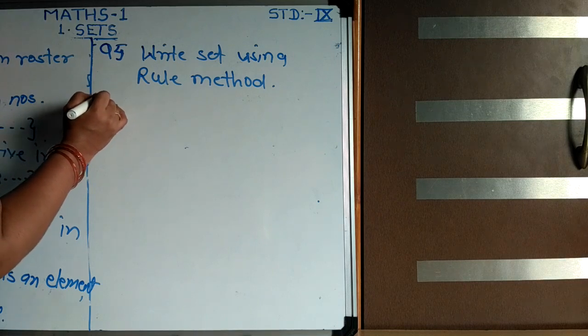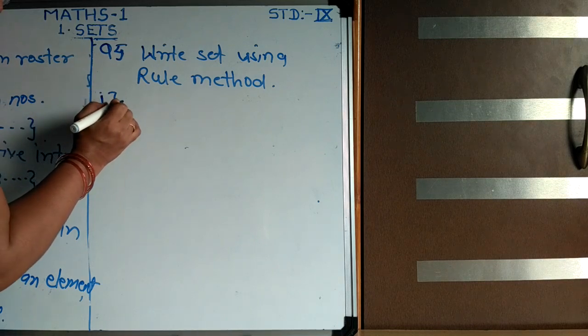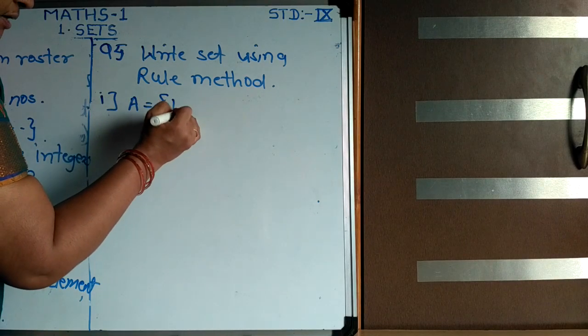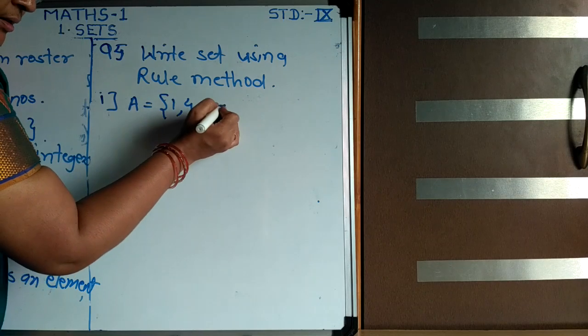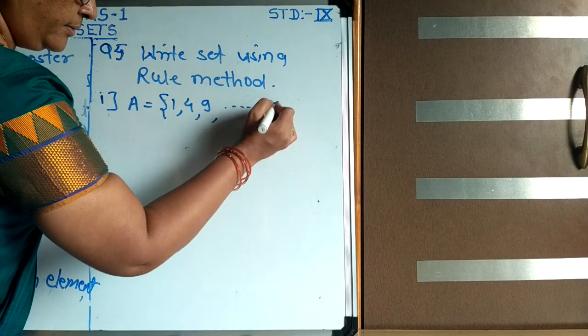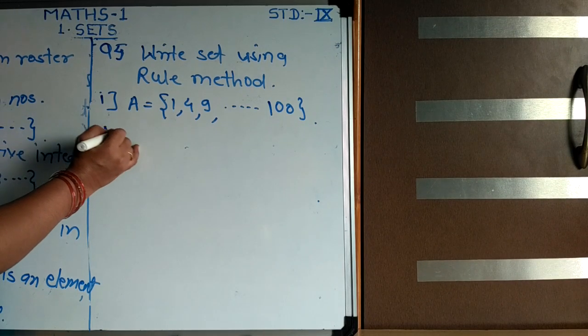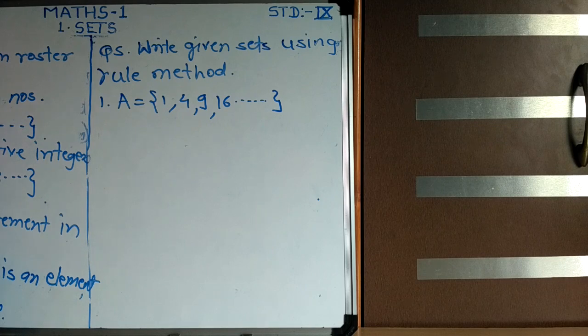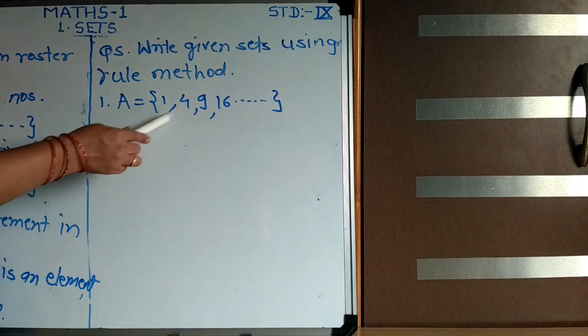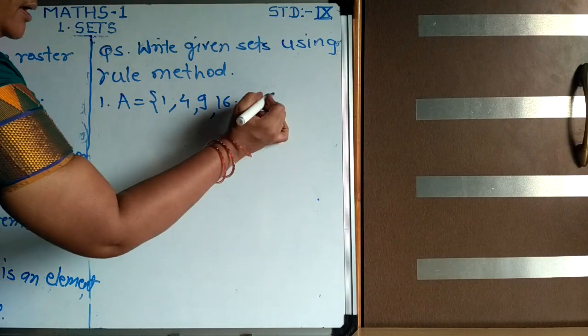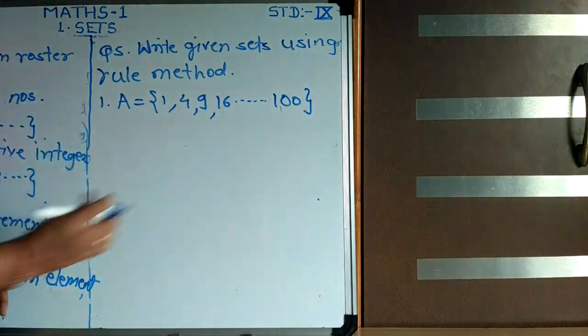For example, write the given sets using the rule method. First example, A is equal to 1, 4, 9, 16 and so on, and the last element is 100. Observe these elements.